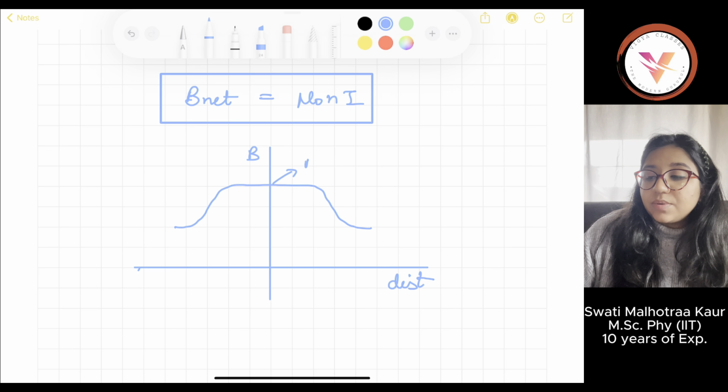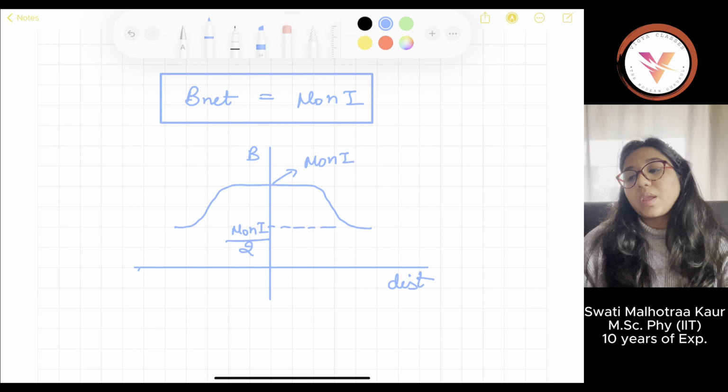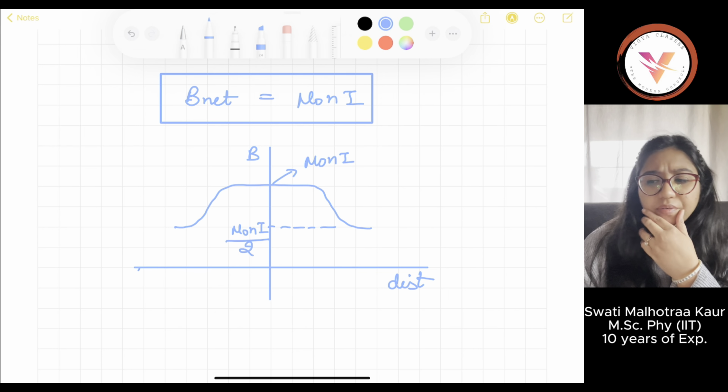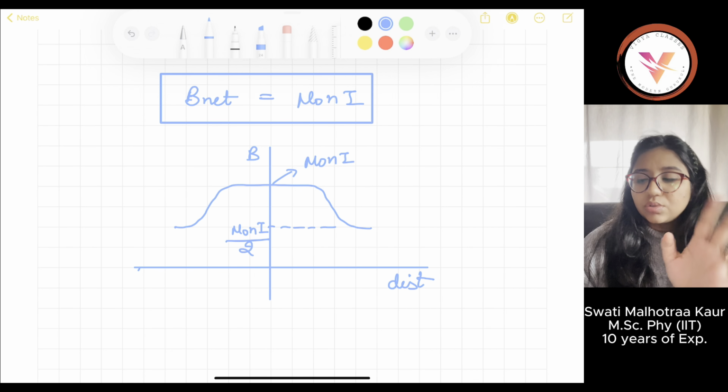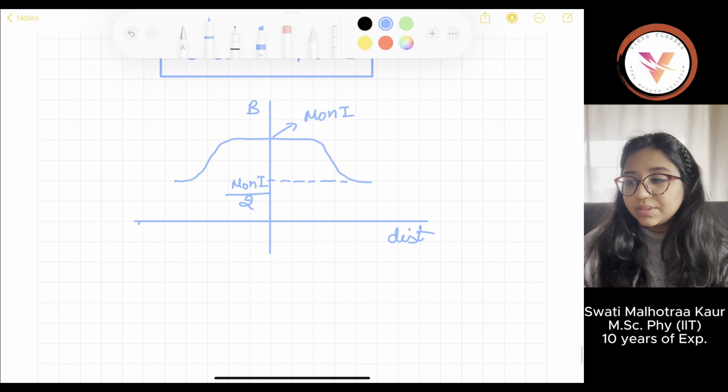So this is the maximum value, mu naught nI, and here it becomes half, mu naught nI by 2. So at the edges it becomes half. For CBSE, you don't have to remember how that comes. Just remember that the graph is important.